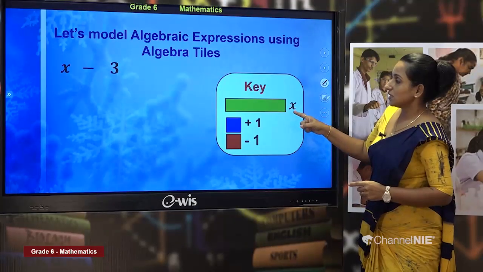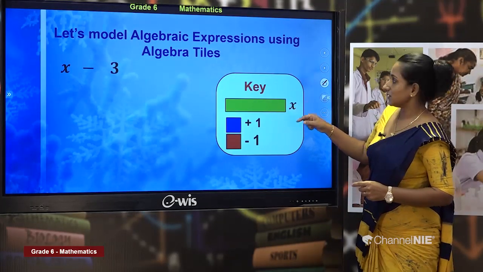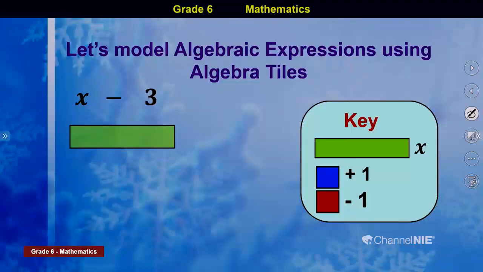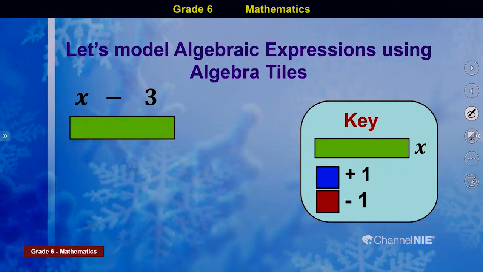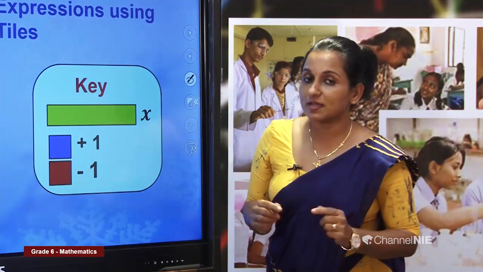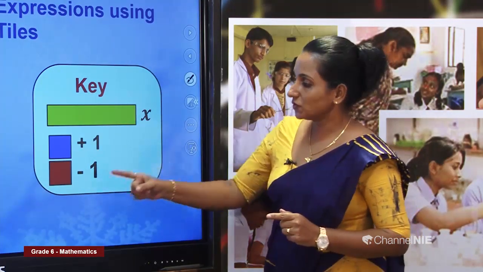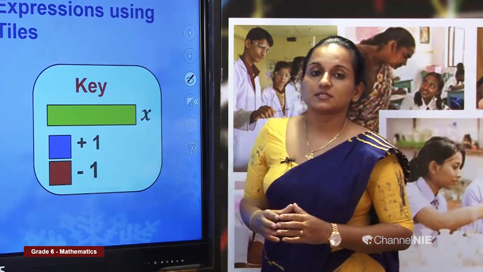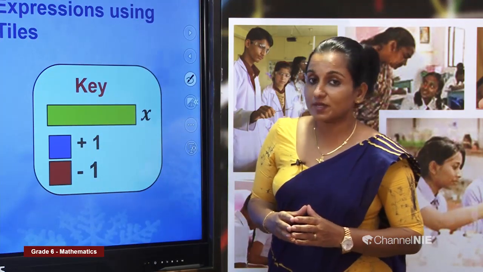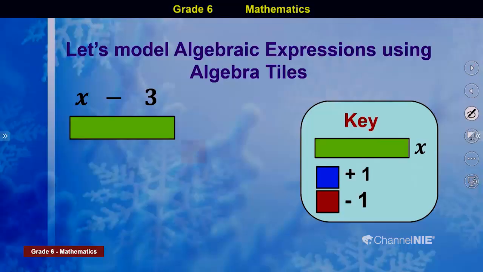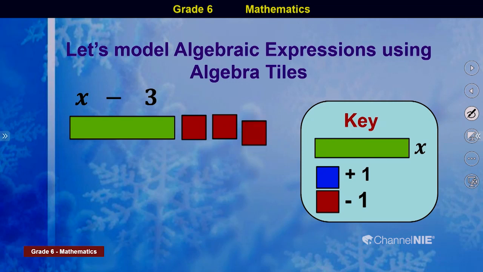I can use a green rectangle. Then I have -3. To represent -3, I have to use red squares. How many red squares? 1, 2, 3 red squares.